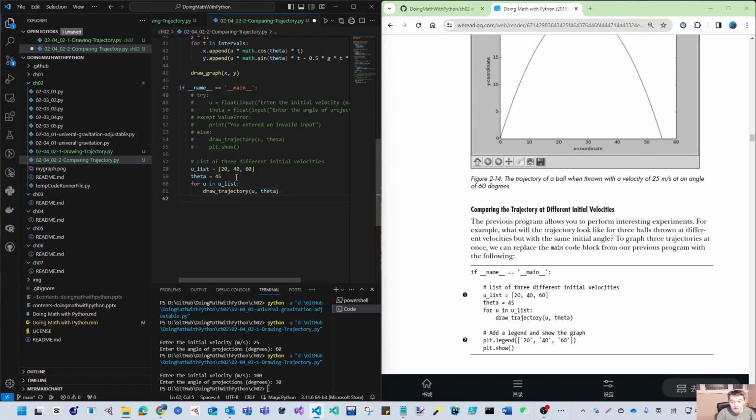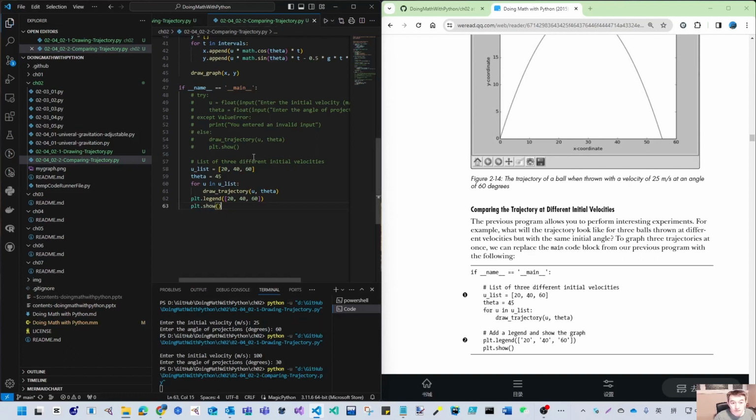And the difference is we need to add a legend, so plt.legend. If you don't give those labels in the code, just 20, 40, 60 is enough. And then plt.show.